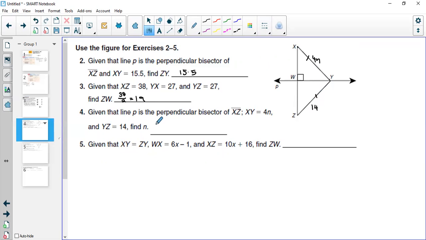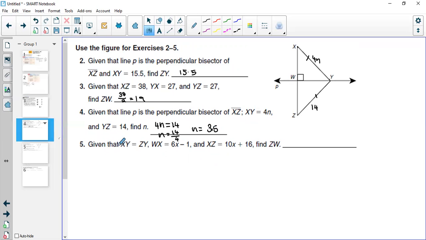So we could say that 4n equals 14, which means n is going to be equal to 14 divided by 4. This would give you 3.5, right? Yeah, n is going to be 3.5, or if you have written in fractions, it's going to be 7/2 or 3 1/2. All mean the same. So n is going to be equal to 3.5.